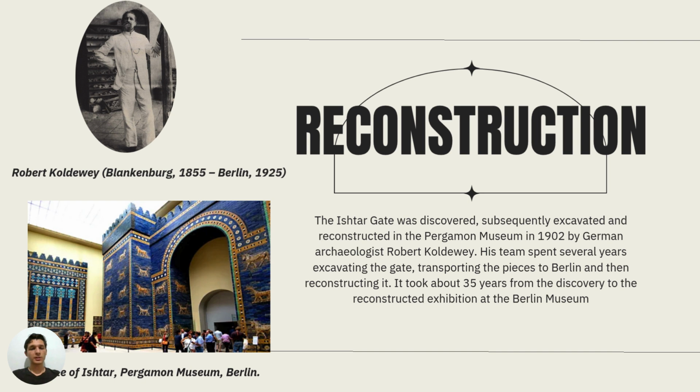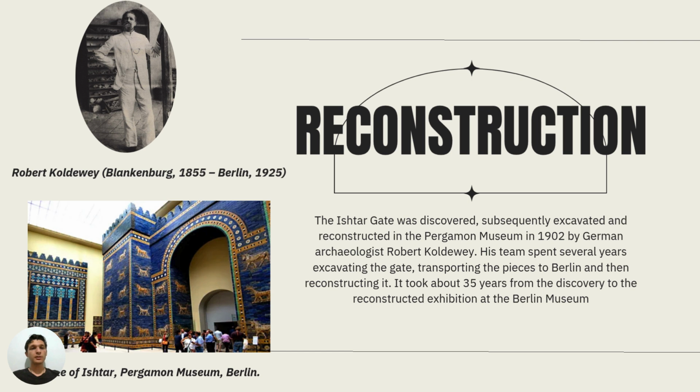Now, this reconstruction took about 35 years, from the discovery to the final exhibition in the Pergamon Museum in Berlin. Today, visitors to the museum can still admire the blue walls and the animal reliefs, which can help us imagine the magnificence of ancient Babylon.